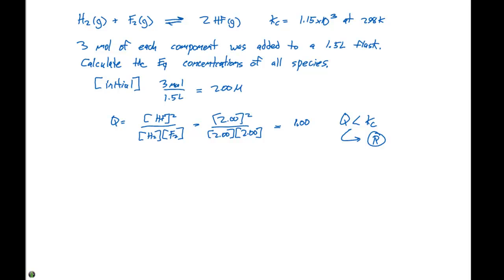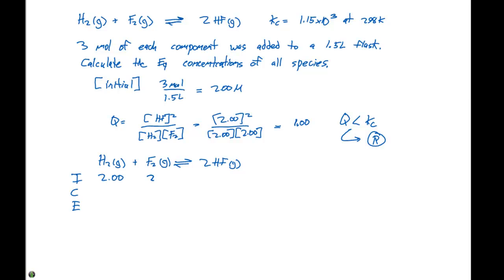So one of the things that we can do here in order to analyze our reactions at equilibrium is set something up called an ICE table. An ICE table is used to look at the initial, the change, and the equilibrium concentrations of everything present.